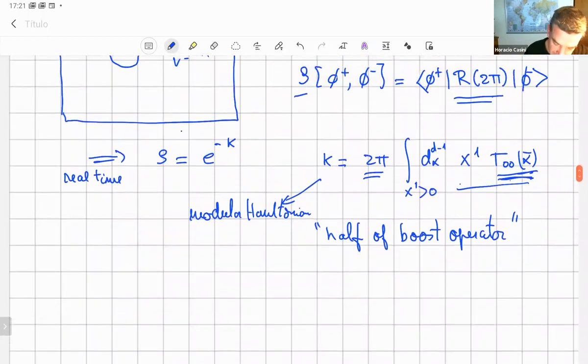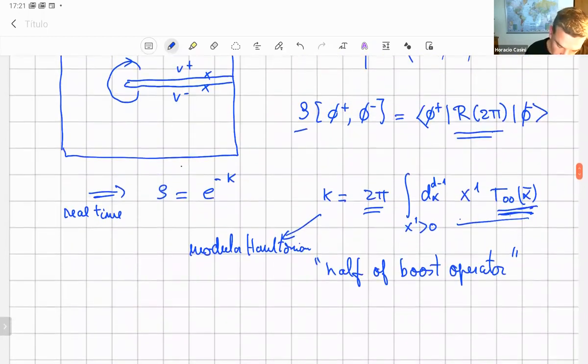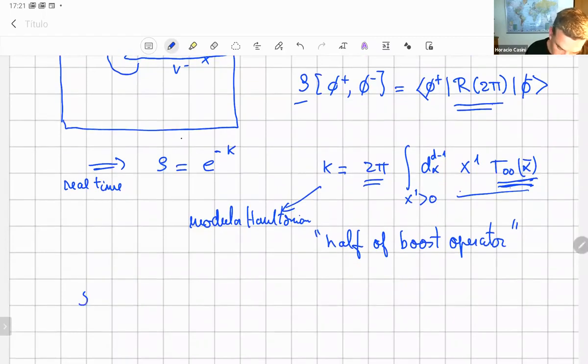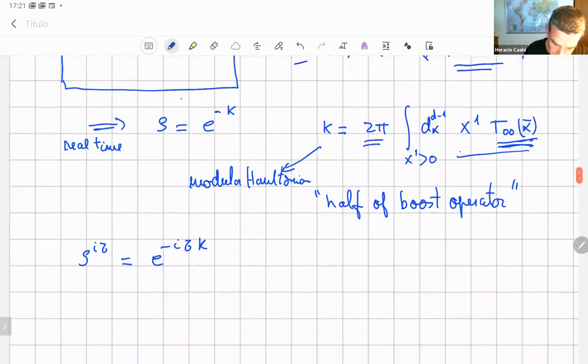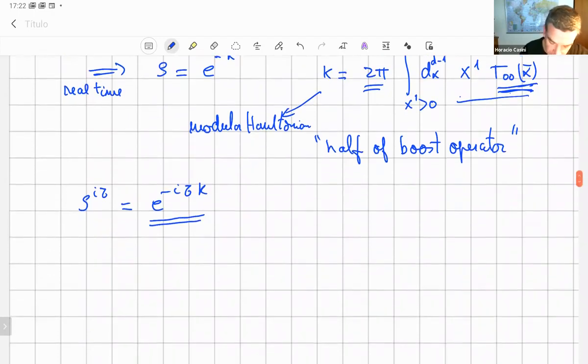So in this case, the modular flow, remember that the modular flow were these imaginary powers of the density matrix, the unitary that you get from the modular flow are just the boost transformations. So the modular flow acts locally on operators if you have the Minkowski space. These are the boost orbits.